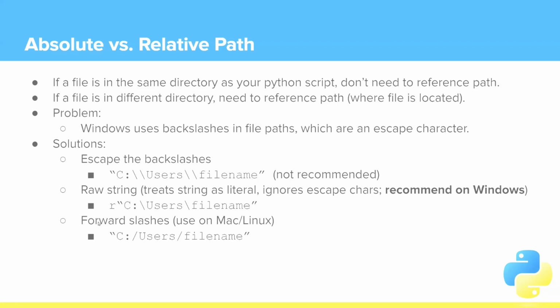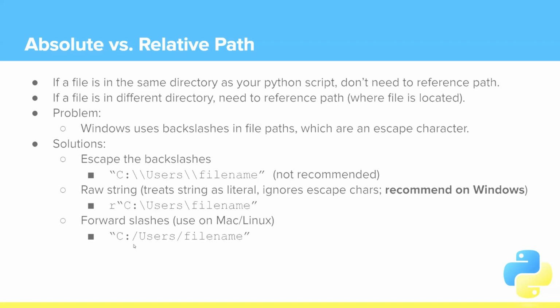We could also use forward slashes, and Windows will accept these, and it will work just fine in our Python programs. However, it's non-standard. It's not how Windows paths look, so it may look funny to Windows users.